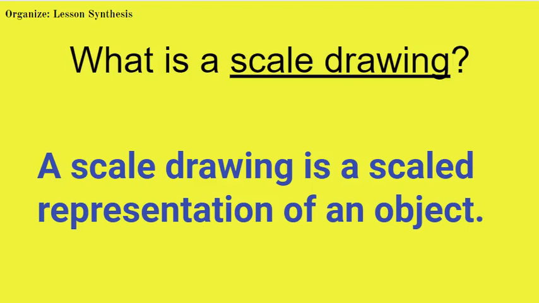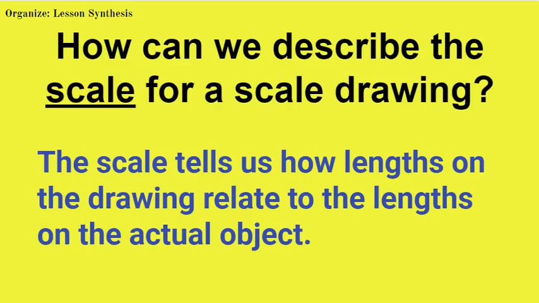So what is a scale drawing? A scale drawing is a scale representation of an object. How do we describe the scale for a scale drawing? Scale tells us how the lengths of the drawing relate to the lengths of the actual object. Again, it kind of goes back to ratio.